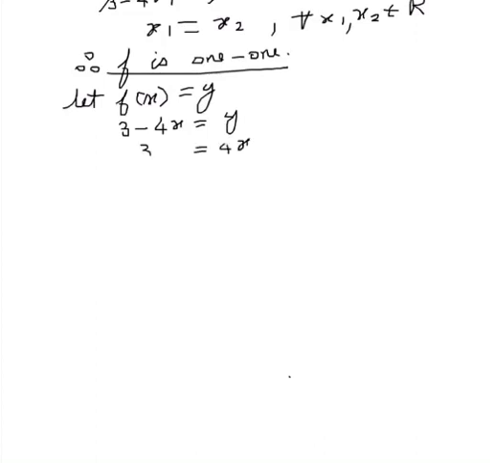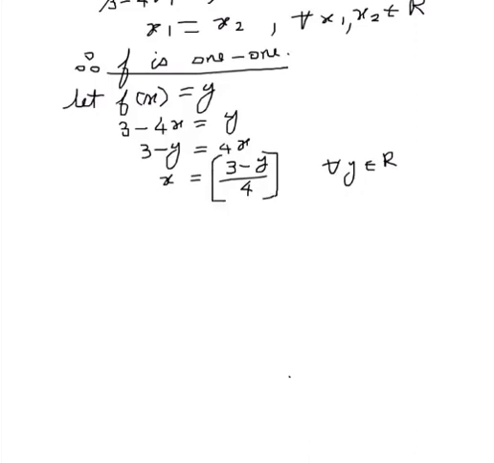So 4x is 3 minus y. Therefore, x is equal to 3 minus y divided by 4. Now check whether this 3 minus y by 4 can be calculated for every value of the codomain or not. Yeah. So for all values of y in R, we can find this quantity which is x.